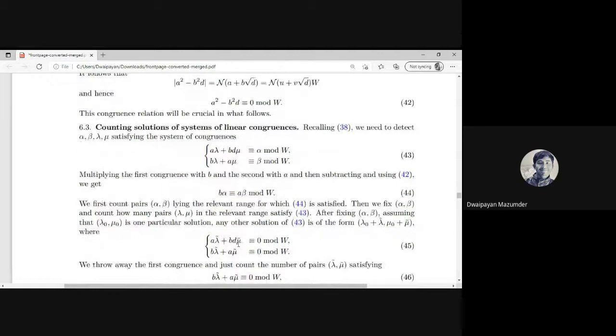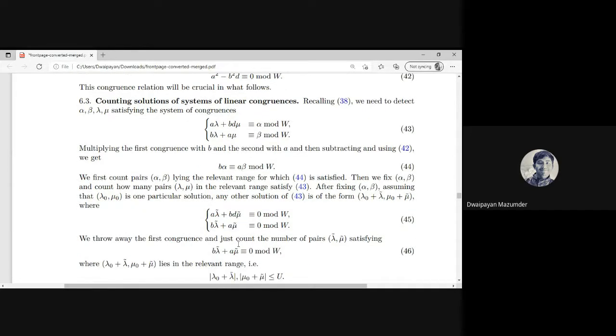So we observe that we need to detect that particular relation, that A lambda plus BT mu is congruent to alpha modulo W, and B lambda plus A mu is congruent to beta modulo W. And if you do a little bit of multiplication and subtraction, you will get B alpha congruent to A beta modulo W. And then you have to count.